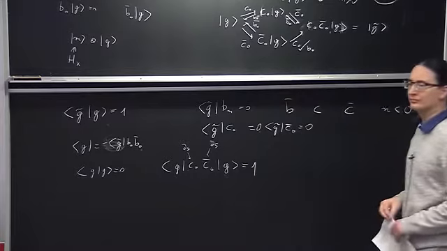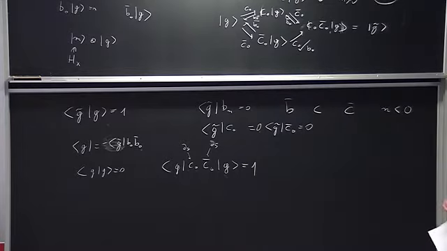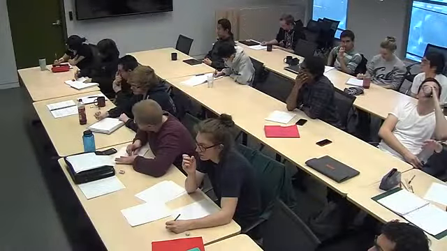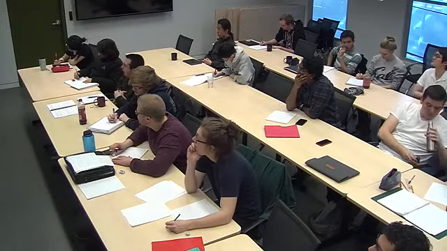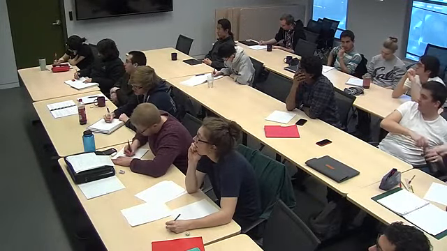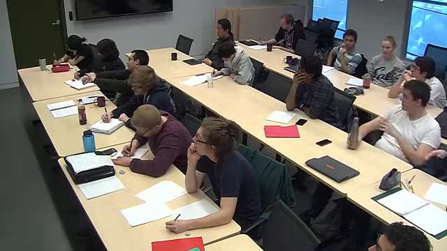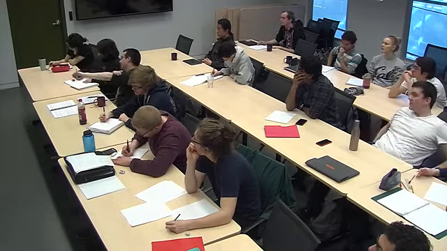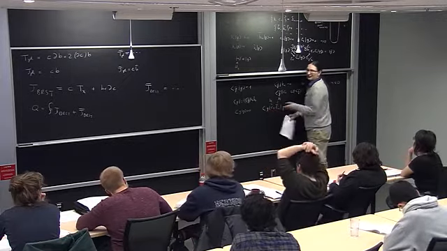Okay, so are we thinking of bra G C0 as our out state, and C0 bar ket G as our in state? No, I would say this is the in state, this is the out state, or vice versa. Right?